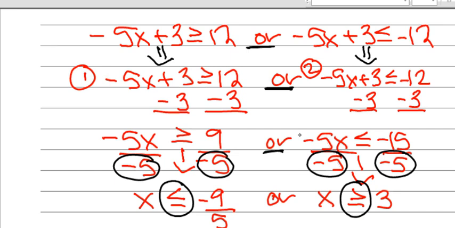Now, since I have divided by negative 5, it becomes a greater than or equal to. So the second part of my answer is x is greater than or equal to 3. So this is the first part of my answer. I'm going to take this and put this on a number line.